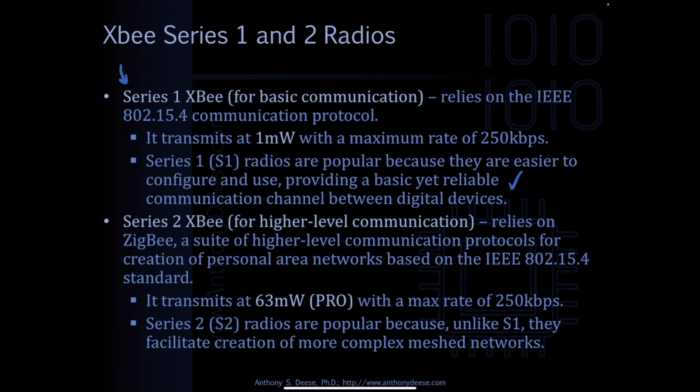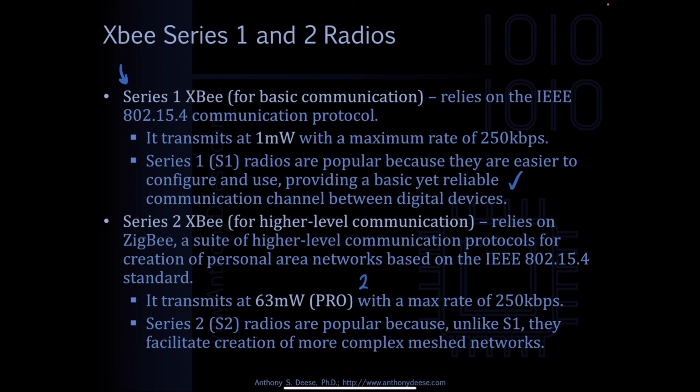The Series X2 XBee radio is used for higher level communication. It relies on ZigBee, we talked about that in the beginning, a suite of higher level communication protocols for creation of personal area networks based on the IEEE standard. It transmits at 63 milliwatts for the Pro version.